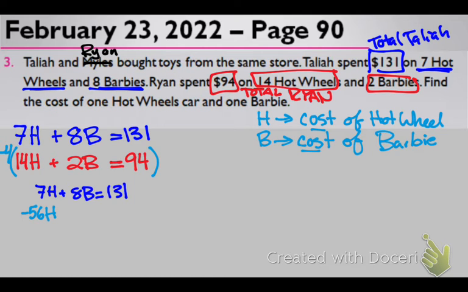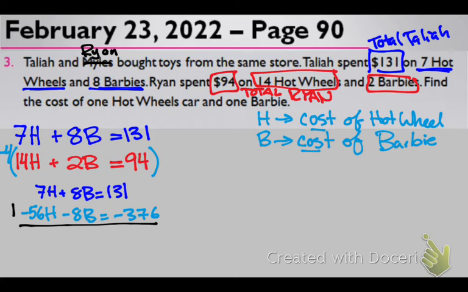And I have -4 times 2b, I have -8b, equals -4 times 94. What's that? Okay, one more time. -376. Is that what everyone else got? -376. All right.